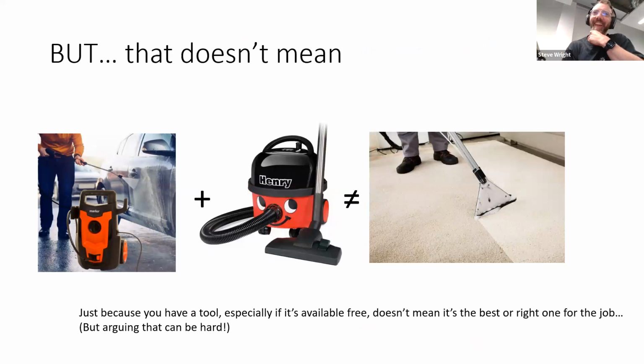But this is the flip side. I really like my analogies. Just because you've got a pressure washer and a Hoover doesn't mean you can clean your carpets with that. I'm kind of dying to try this now, but there is a tendency to go, I've got a load of papers and I've got Excel, so I'm going to add the two together and there is a nice systematic review.